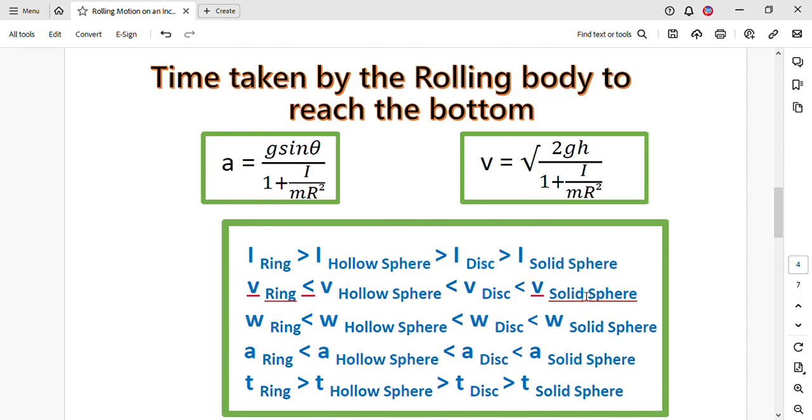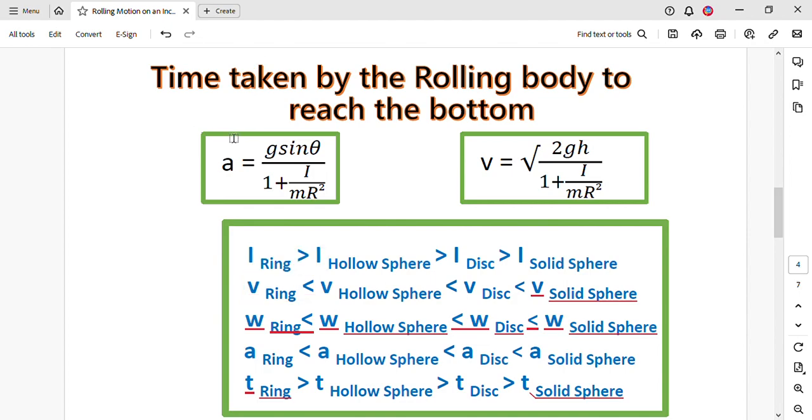So the solid sphere will take less time and the ring will take more time. So this is an opposite relation. Also, you can see that angular velocity has the same relation as linear velocity.